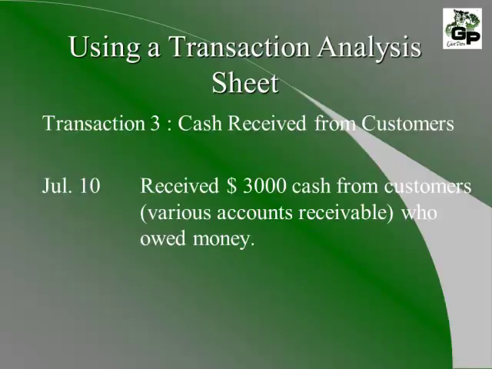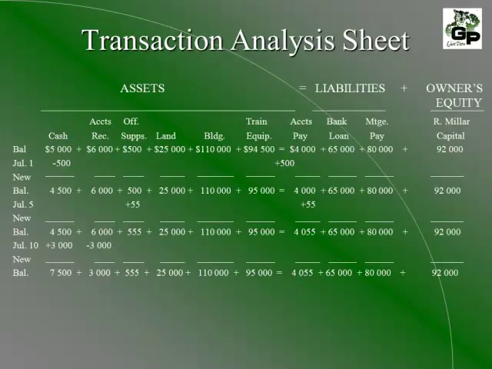On July the 10th, in transaction 3, Goldman's received $3,000 cash from customers who owed them money in the past. How do we record this? Well, when they pay us with cash, our cash goes up by $3,000, Goldman's Gym cash. And where did the money come from?